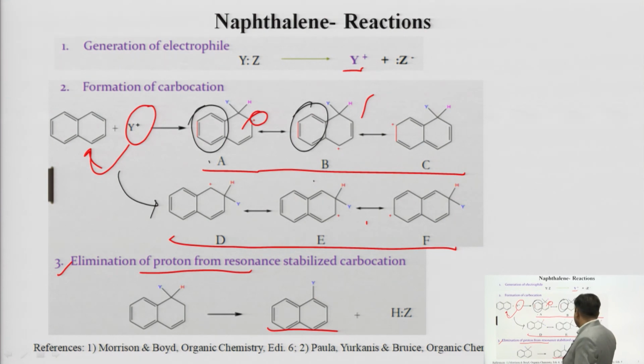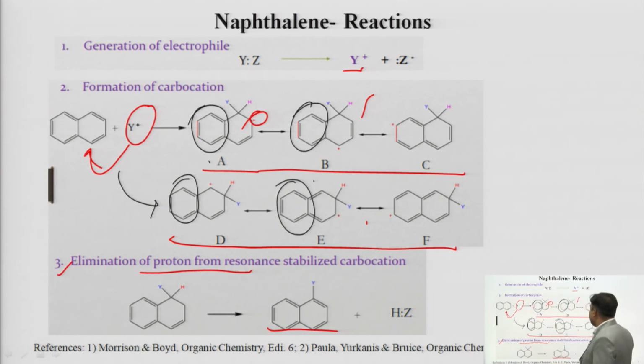Out of these, in 2 structures the benzene ring is intact, while in the third structure the benzene ring is not intact. Okay. So, in both the substitutions the benzene ring is intact in 2 out of 3 structures, but in case of substitution at alpha position, you may see what is the difference.